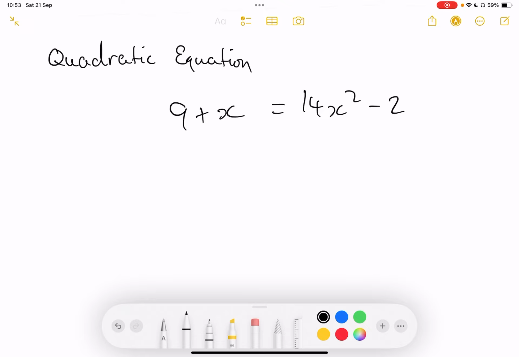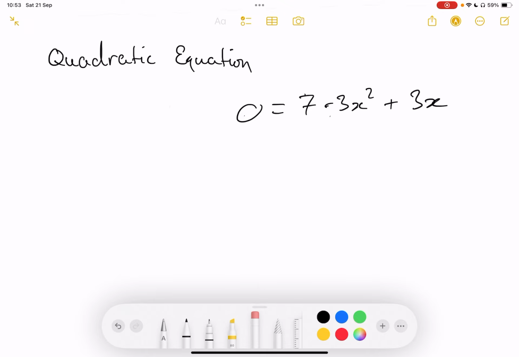This is also a quadratic equation because the highest power on the variable is 2. This is also a quadratic equation because the highest power on the variable is 2. But this is not a quadratic equation because the highest power on the variable is not 2.